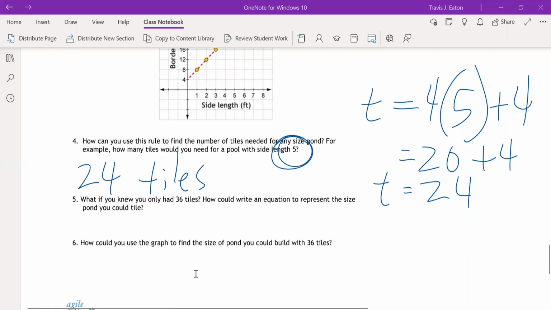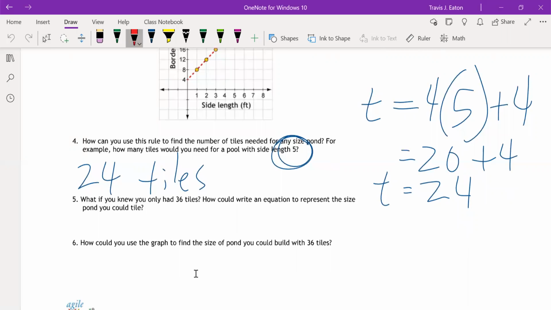So let's think about this a moment. You only have 36 tiles total. That's the number of tiles that you can use. So if we take that same formula from the top, the number of tiles is equal to 4 multiplied by the length of the sides plus 4 more for the corners.